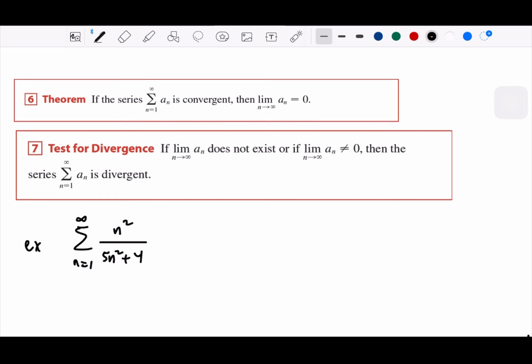We take the limit of the sequence, right? And we see that it has a value, 1 over 5. It's not 0. So this series is diverged. Directly we can make this conclusion. So first check with the limit.